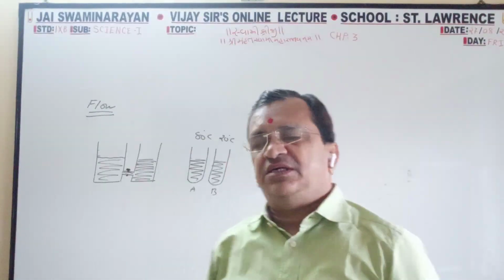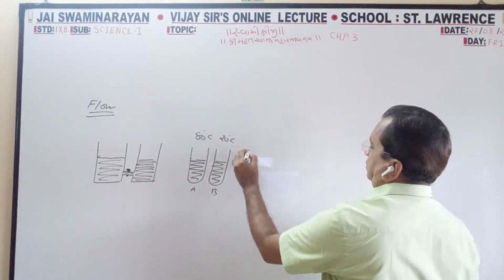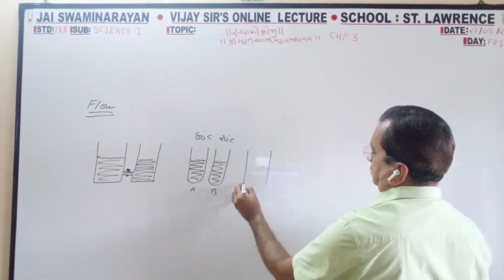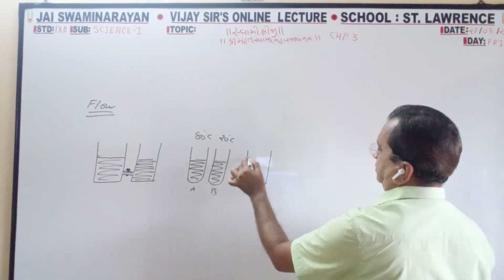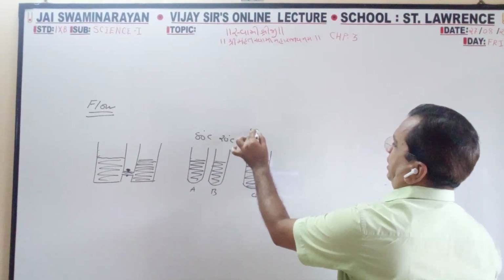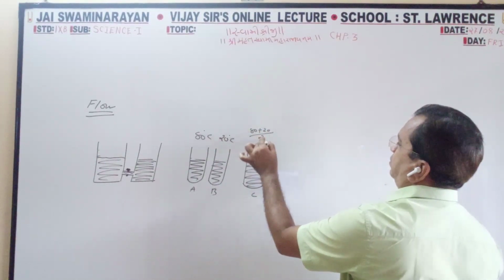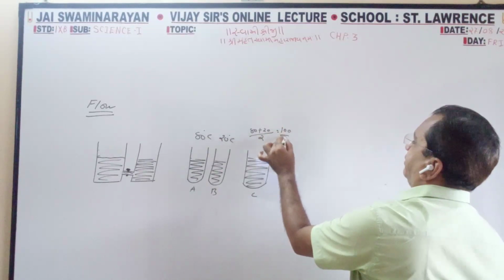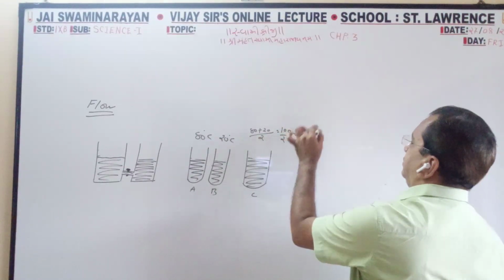Now mix it into another container. So it will be 80 plus 20 divided by 2, 100 divided by 2, 50 degrees.